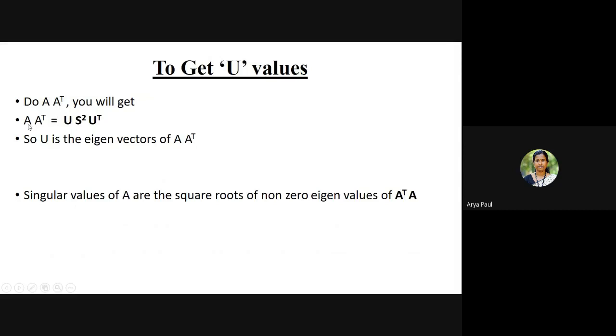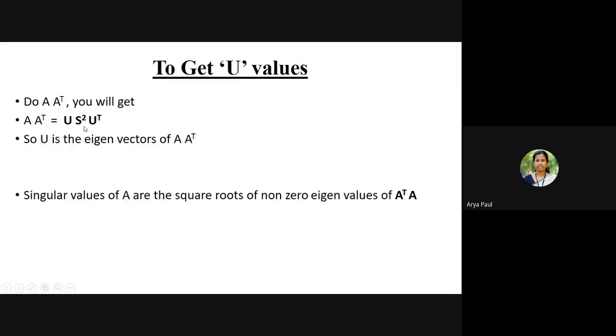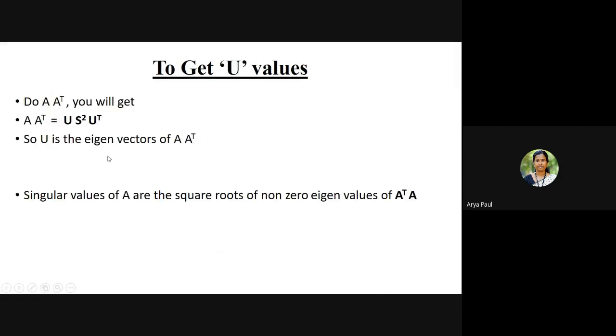So you will get A into A transpose equal to U into S square into U transpose, just like V into S square into V transpose. So what is U? U is the eigenvectors of A into A transpose. What is V? V is the eigenvectors of A transpose into A. I hope this is clear.